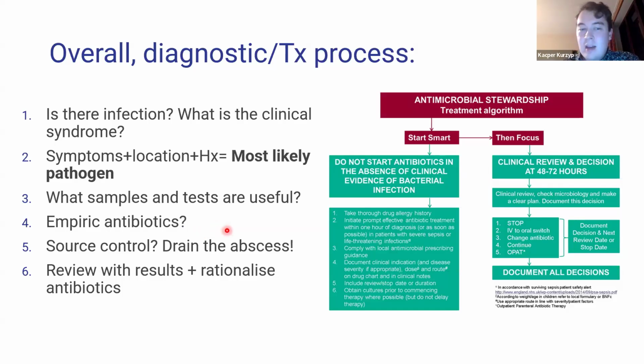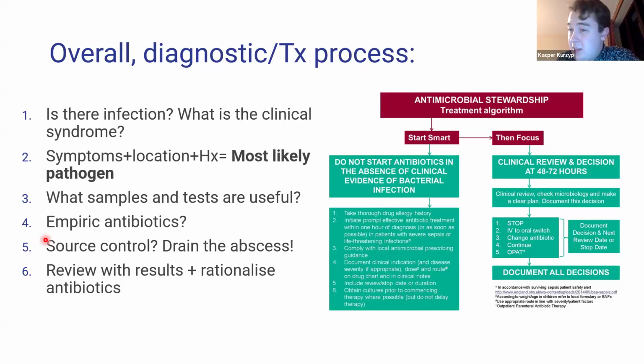Important thing, and I am only putting point number 5 after point number 4, as it's easy to give empiric antibiotics, and that's what you will do first, usually. But in an ideal world, in most cases, you will start with source control. If the infection is due to a huge stonking abscess in their thigh, you will drain that abscess.